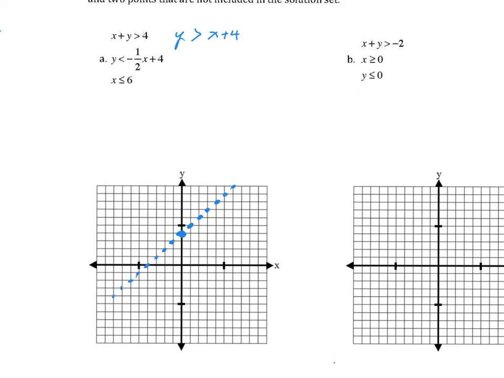And then the next line is going to be y-intercept of 4 and a slope of -1 over 2. So down 1 over 2, down 1 over 2. And again, it's a dotted line. So if you want to just keep going, keep doing the slope thing.